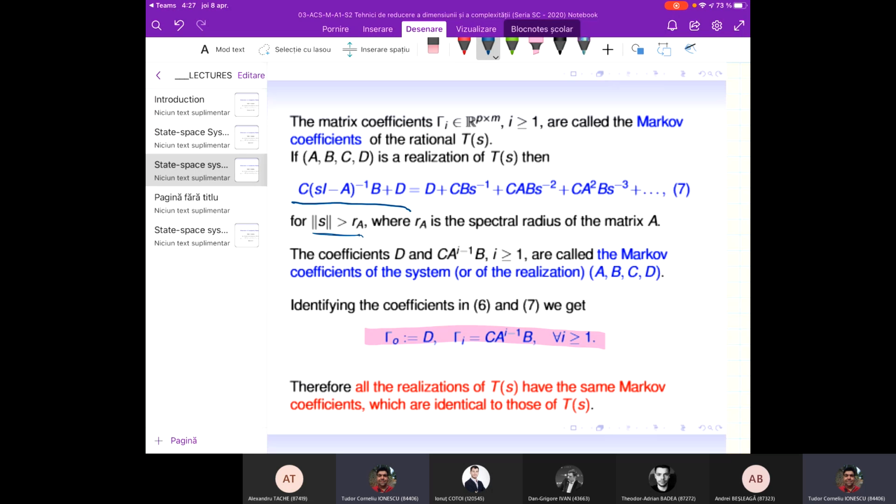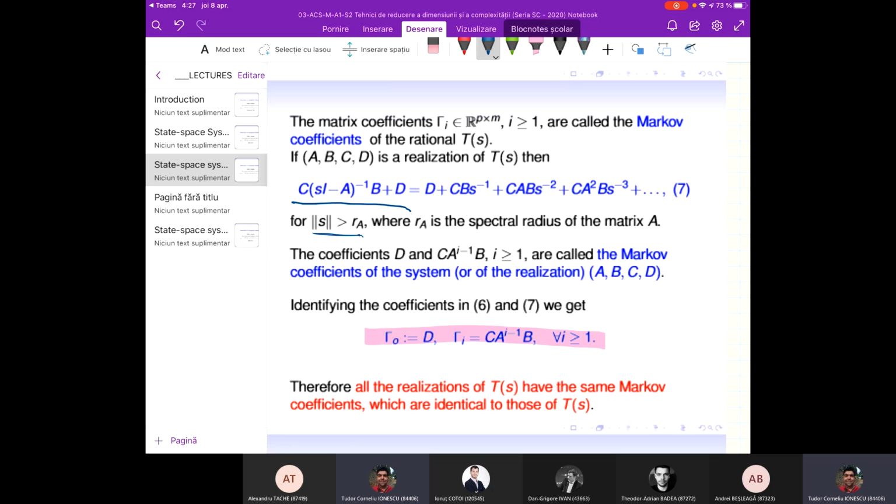The spectral radius is the one giving the largest eigenvalue of the matrix A, because the poles of T(s) are uniquely determined by the eigenvalues of the matrix A. So the poles of T(s) are essentially among the eigenvalues of the matrix A. But to be safe, you just take the spectral radius, so you go to the largest eigenvalue, and then you do the expansion beyond this eigenvalue, because you take it at infinity anyway.